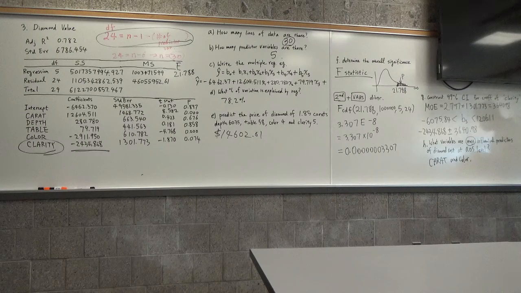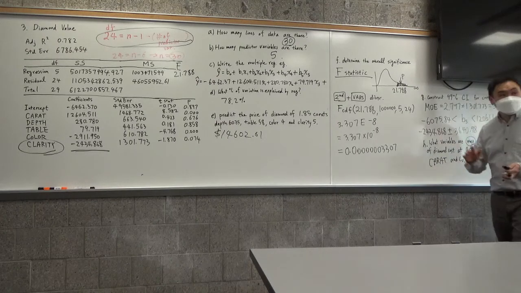So if you look at the practice exam, you'll see that I don't have this. I'll just say, what variables are influential predictors of diamond cost at 0.05? That's the wording I use. I don't like that word most there. Okay, but anyways, anything whose p-value is under the given significance level, you write them all. That's how you do it. Okay. Do you have any questions regarding this?